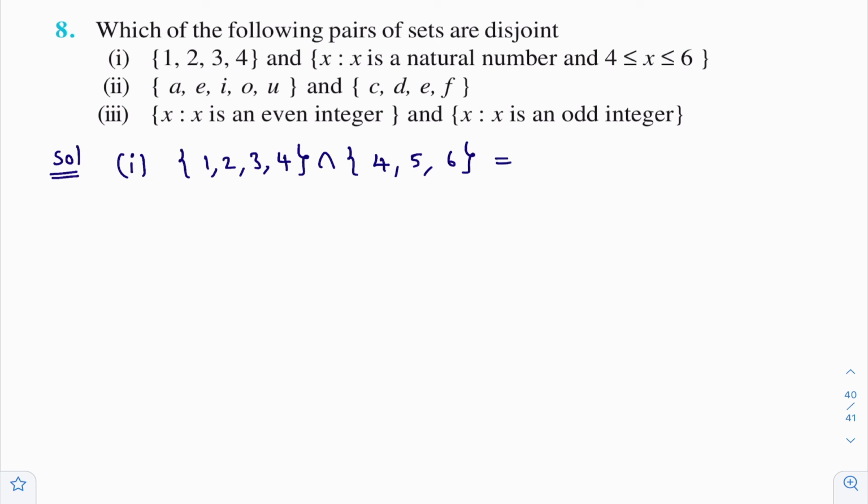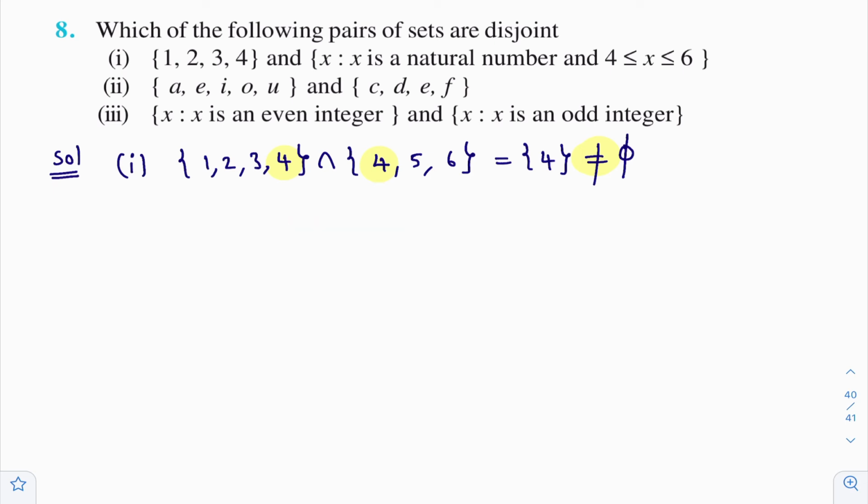Now you just calculate their intersection. Is there any element common? You see here 4 is the element which is common in both. Any other element? No. When we do their intersection, you will get a set like this. This is not an empty set. When their intersection is the empty set, then only we say that the given pair of sets are disjoint.